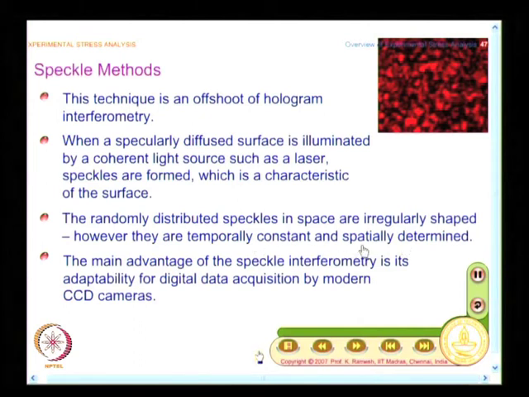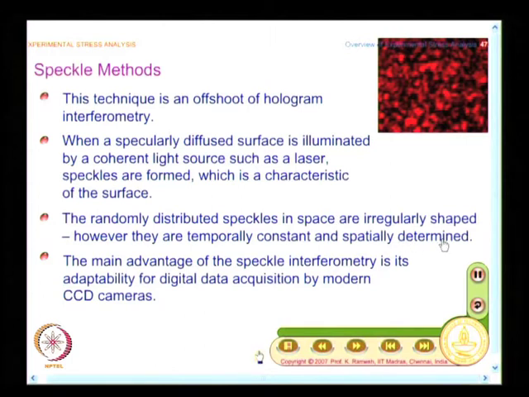If they are totally random and change as a function of time and space, we will not have speckle interferometry. What we find here is you have randomly distributed speckles in space, they are irregularly shaped, however, they are temporally constant and spatially determined.